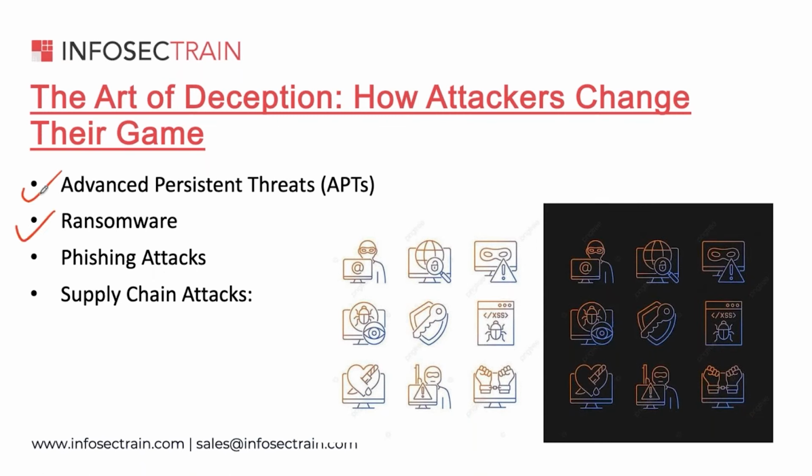APT is advanced persistent threat, which is a highly targeted attack against a specific organization. These groups are usually criminal or well-funded groups with good funding and good knowledge. They use this knowledge for their gain, espionage, and all these things.